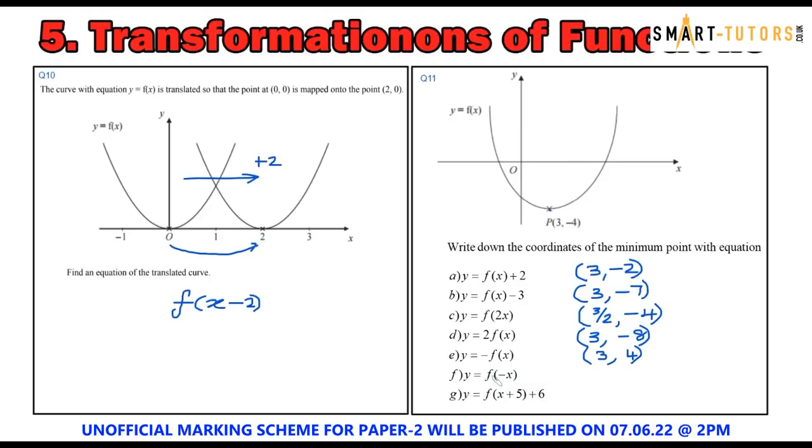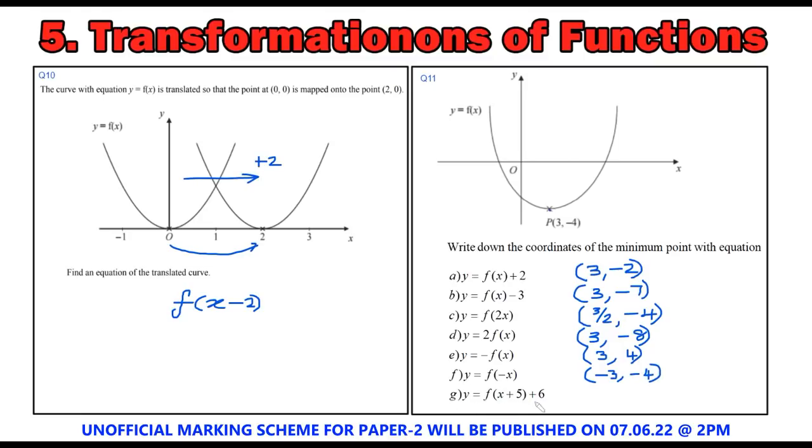And y equals f(minus x). This time the minus is coming inside the bracket, a reflection on the y-axis. When you reflect on the y-axis, the x coordinate changes, times by minus 1, which is minus 3, and the y coordinate is unchanged, which is minus 4.